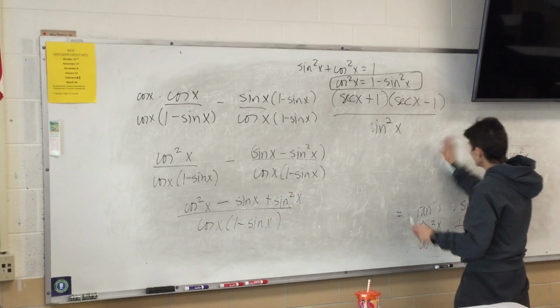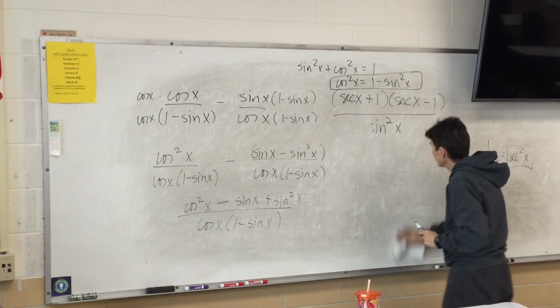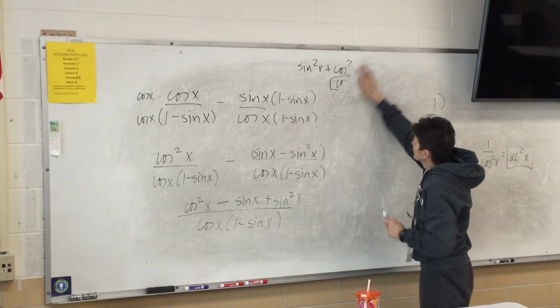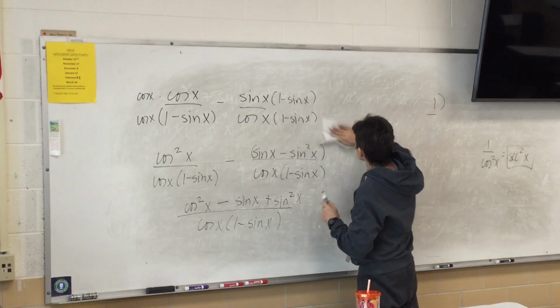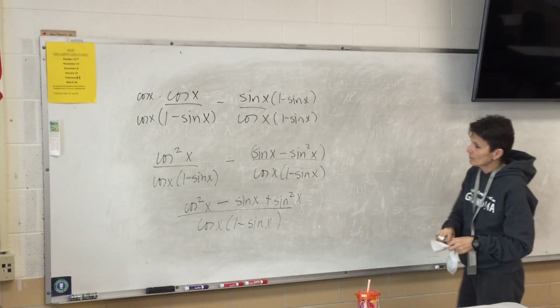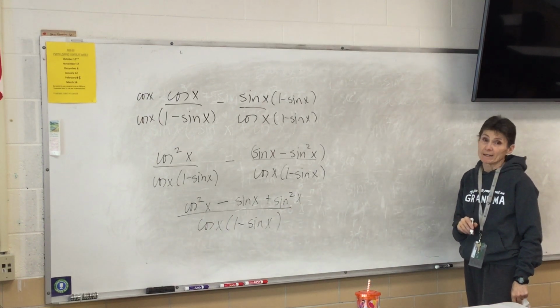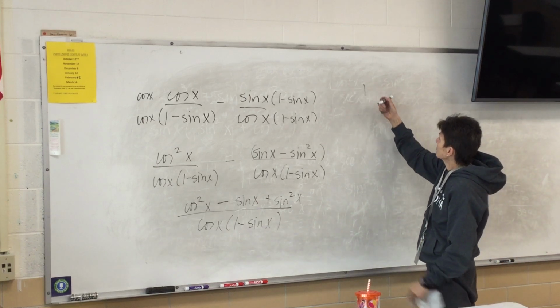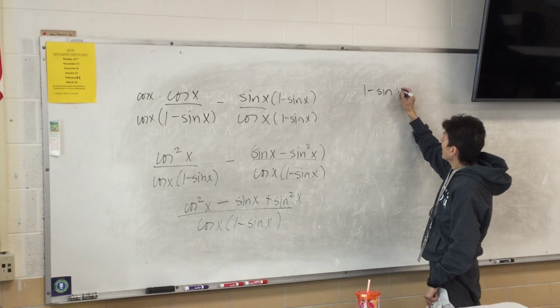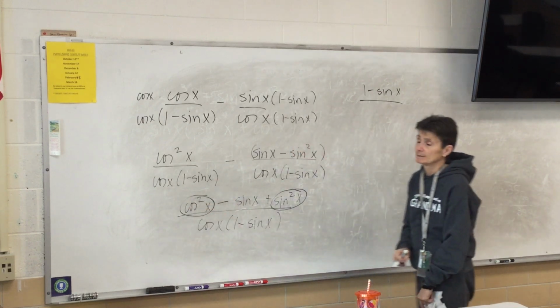Well, I know we just started, today's day 1, but I'm hoping that your heart is beating a little bit faster now, because what do we have right here? Cosine squared plus sine squared. We have a 1. So we have 1 minus sine on top. These two make a 1.